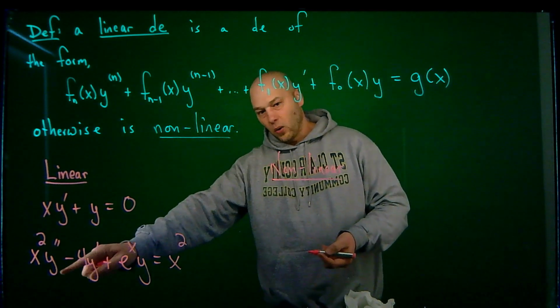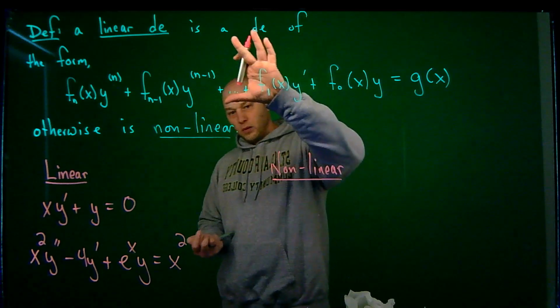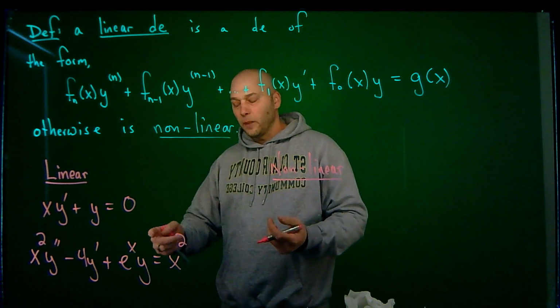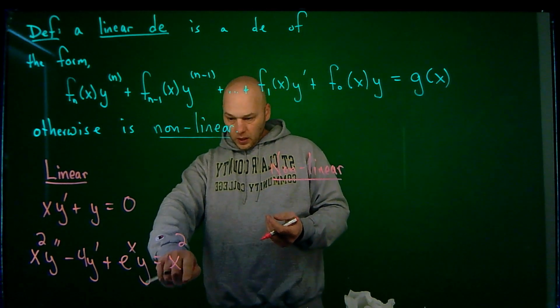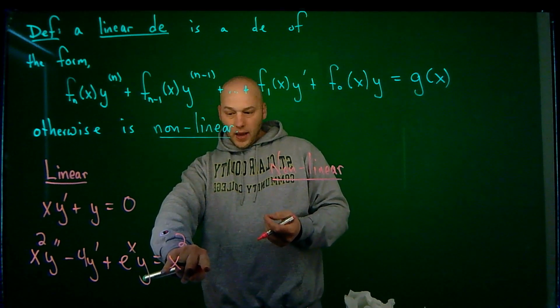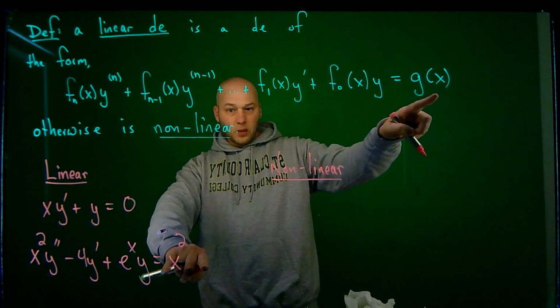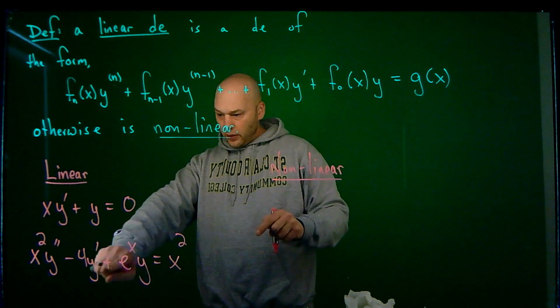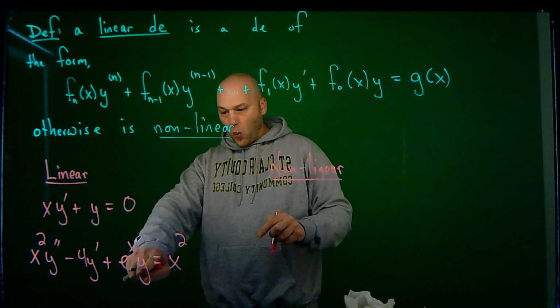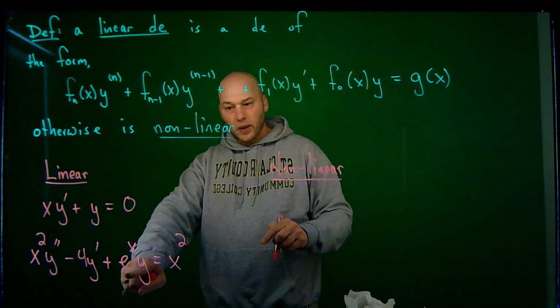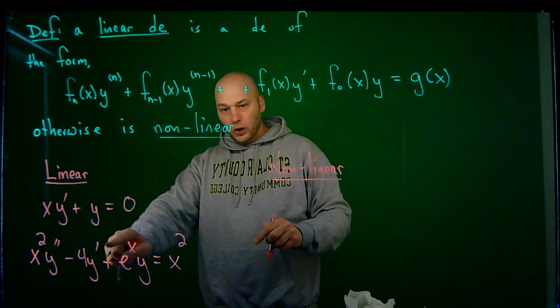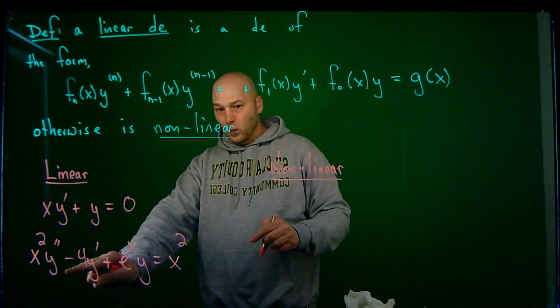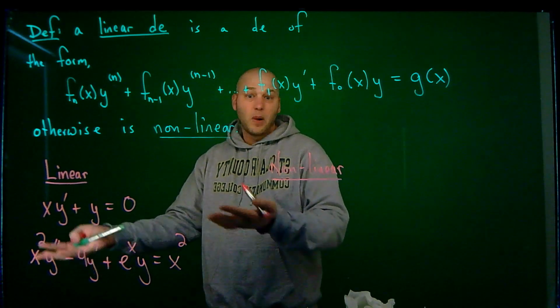It's also second order, but again, related to this definition, it's linear. If I look at each term here, the isolated term on the other side just depends on x, so that corresponds to my g of x. And then if I go down the row here looking at these terms, y is to the first power, coefficient depends on x. Y prime to the first power, coefficients depend on, well, this is a constant, so there's no x, but at most x.